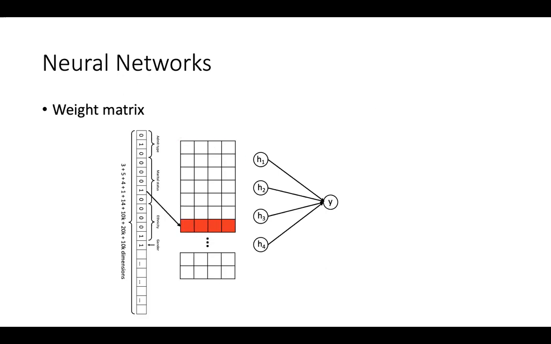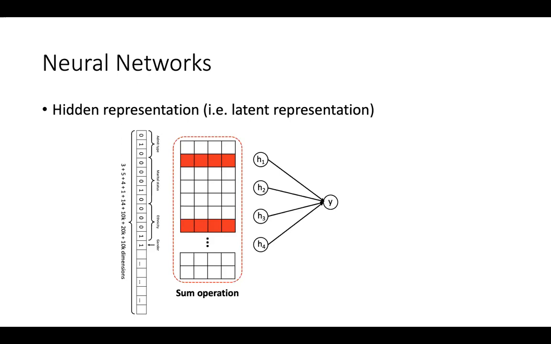So if you do the matrix vector multiplication, what it amounts to is just summing rows of the weight matrix, where the rows are selected by which feature is active and which is not. This is a simple case, because the feature vector is binary, so there's only 0 and 1.